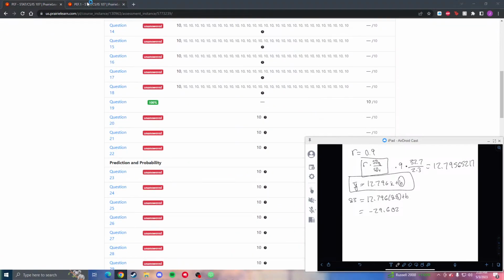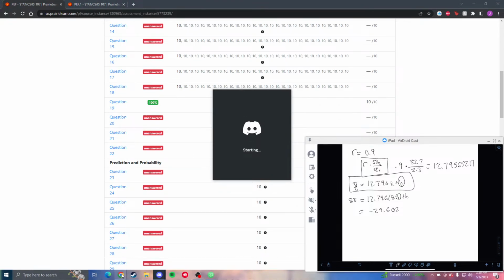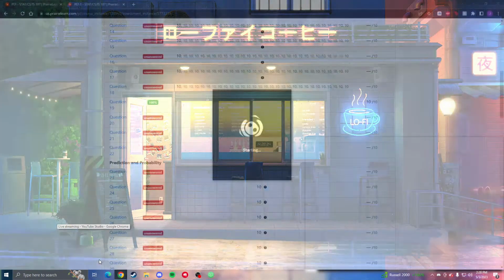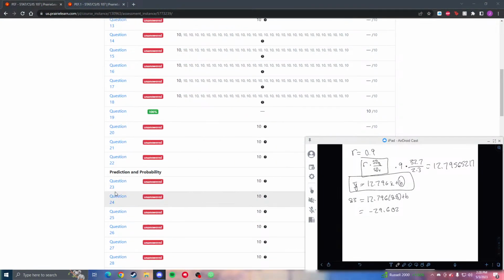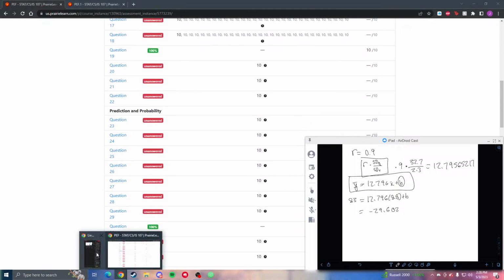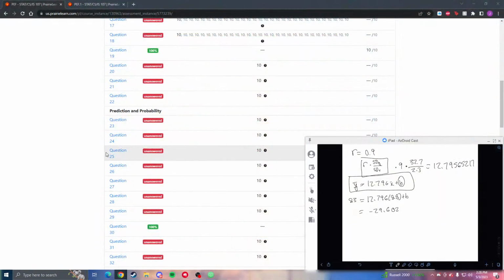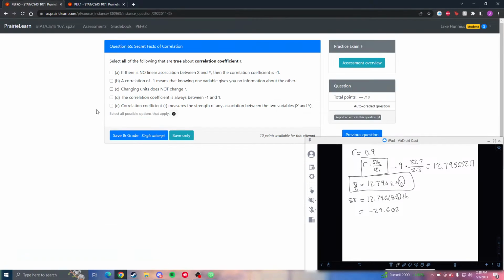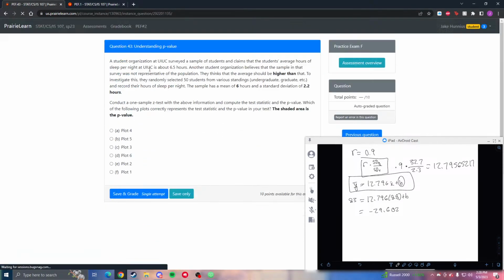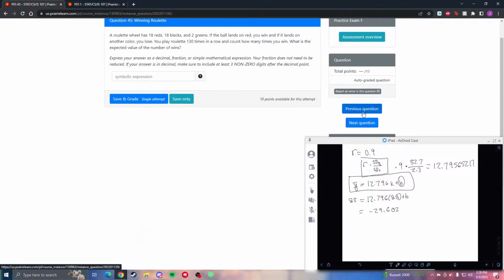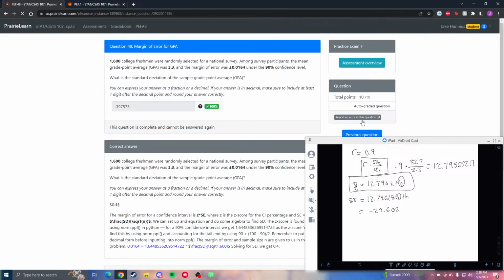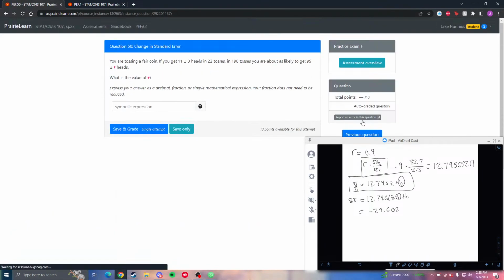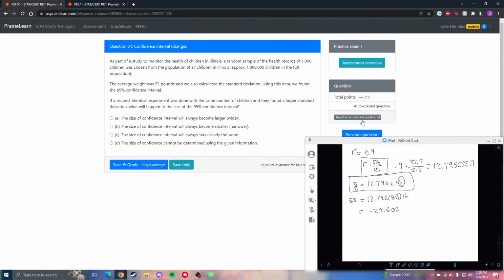It was posted in Discord. Confidence intervals. Do you remember what question it was, exactly? If it's a confidence intervals question, the confidence interval changes. Okay. Oh, yeah. Fun one. Okay. This question, right?